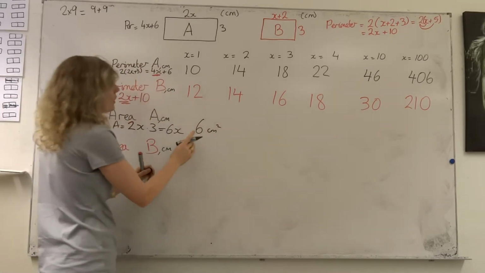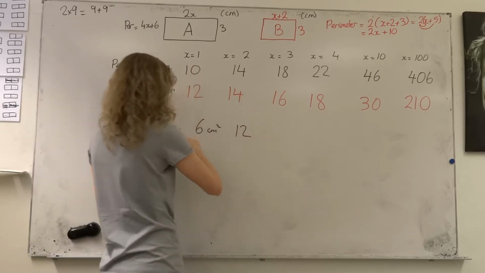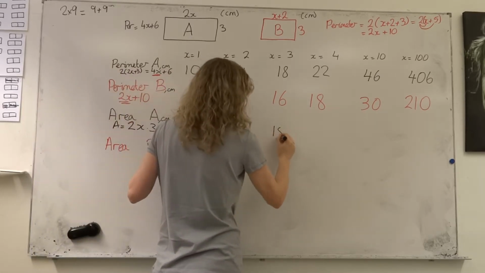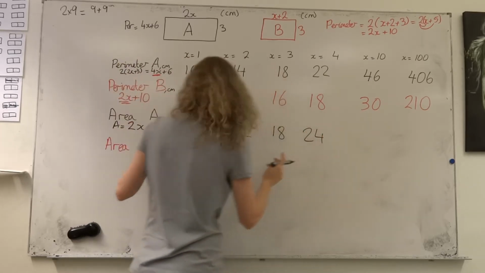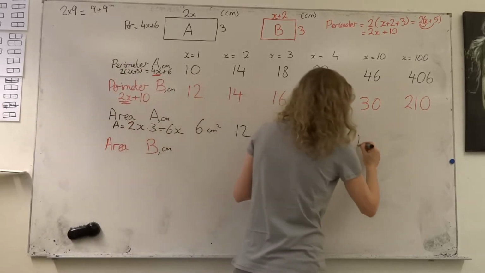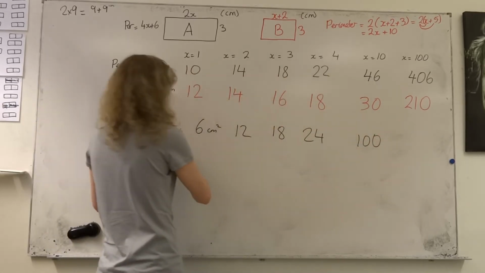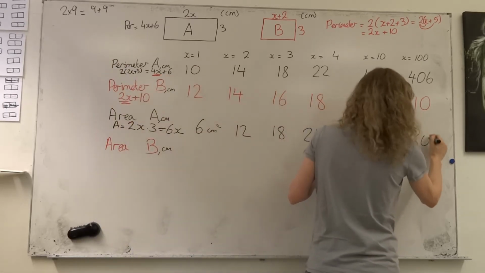When x equals 2, 6 times 2, 12 centimeters squared. x equals 3, 18 centimeters squared. When x equals 4, 24 centimeters squared. When x equals 10, 6 times 10, 100. And when x equals 100, 6 times 100, 600.